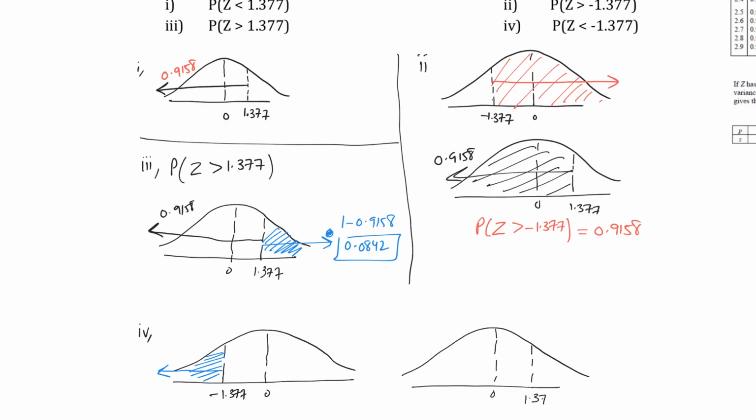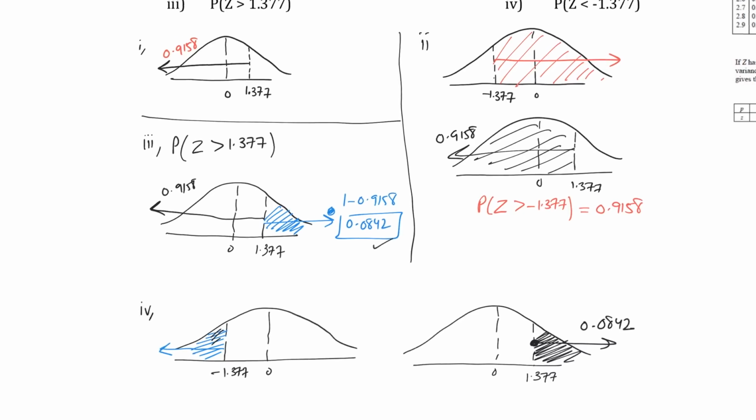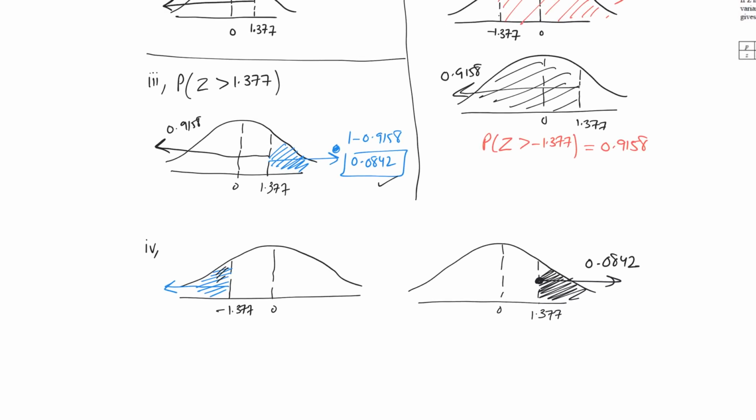So 1.377, this area is equal to this area, and I already have the answer for this area, which I just calculated to be 0.0842. So this area would also be 0.0842. So the probability of z less than minus 1.377 is the same as 0.0842.